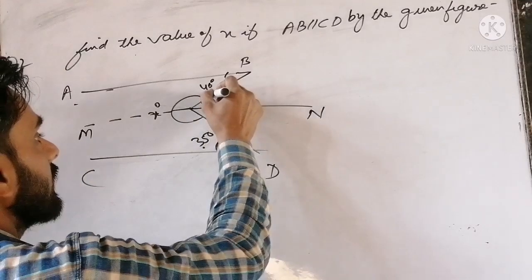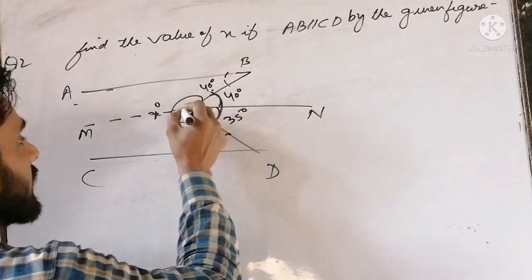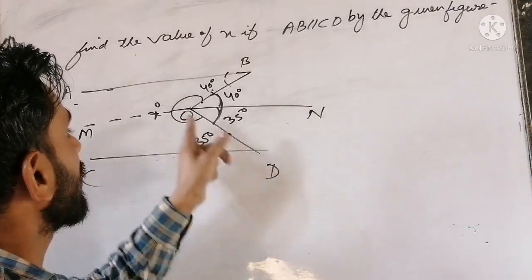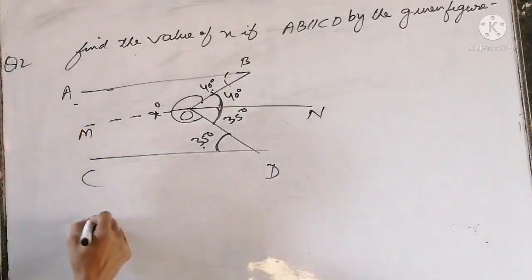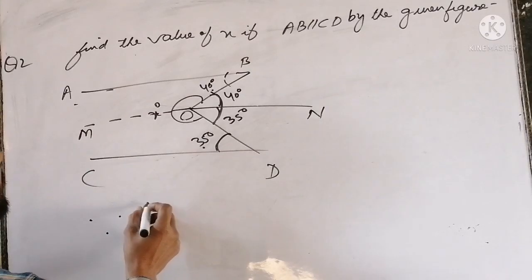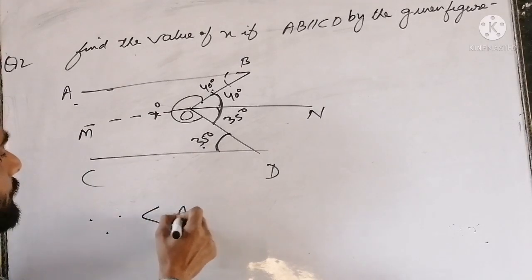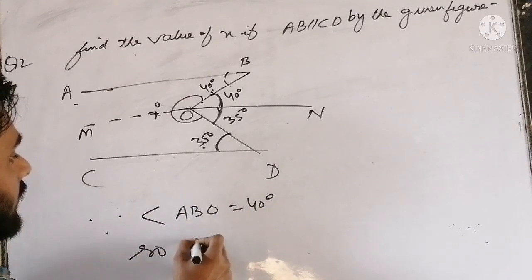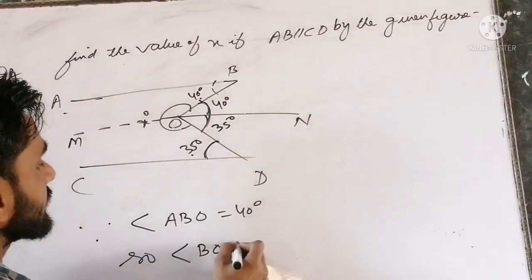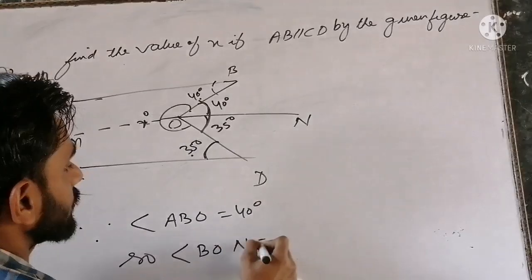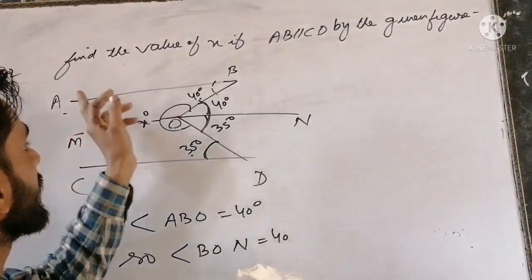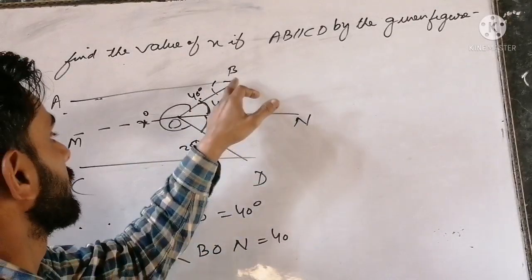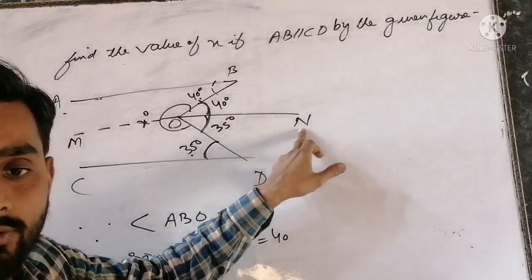I will give the name O. Since angle ABO is equal to 40 degrees, angle BON is also equal to 40 degrees.